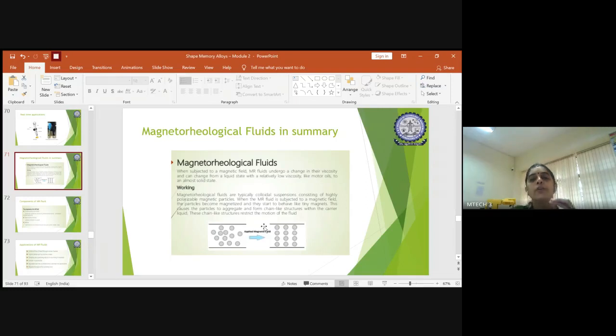Then you get a good MR fluid effect. So here the polarization of the particle takes place due to the magnetic field. All the iron particles are polarized with respect to magnetic flux, and due to north and south poles, these get attracted and help in the formation of the structure.